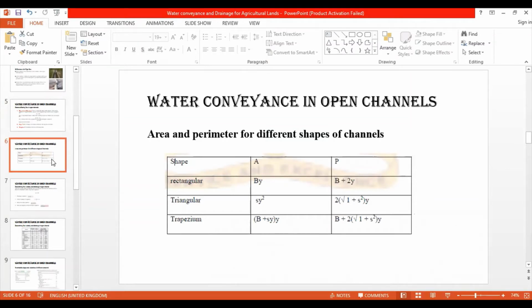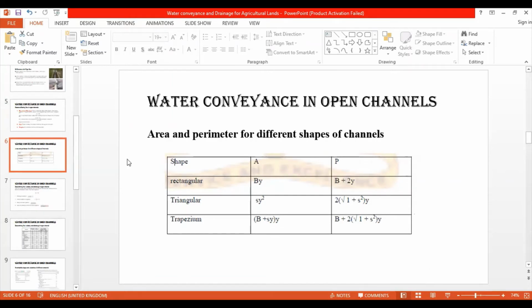So this will have an effect on how you calculate your area and how you calculate your perimeter. This slide here shows the different formulas for different shapes of channels, for area and for perimeter.